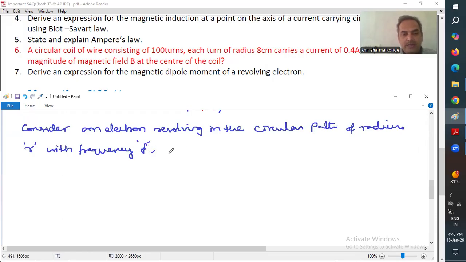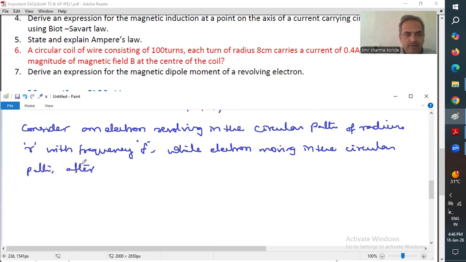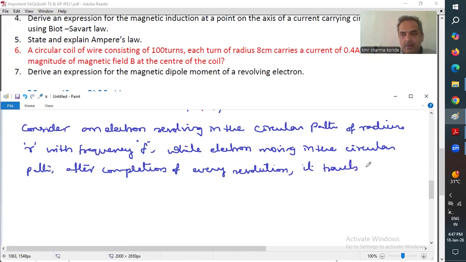While the electron is moving in the circular path, after completion of every revolution, it travels a distance equal to the circumference, that is 2 pi r.